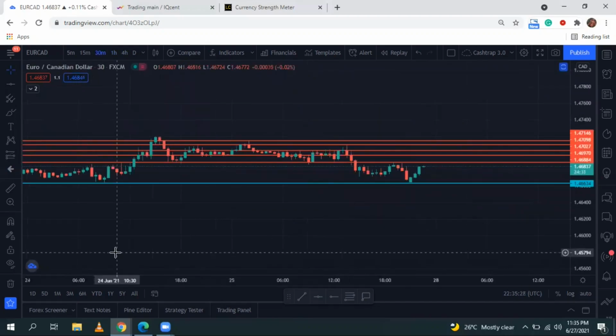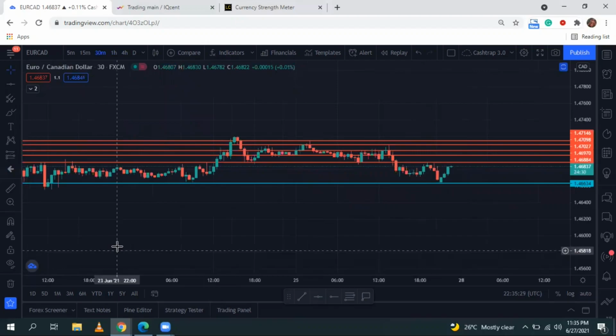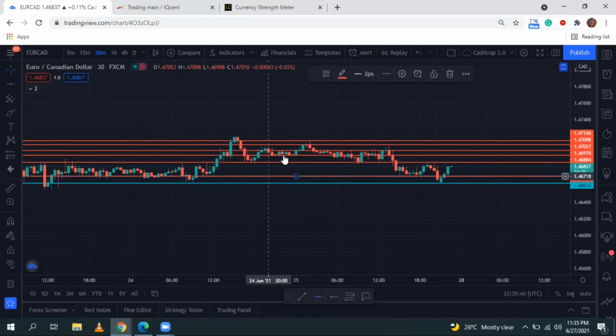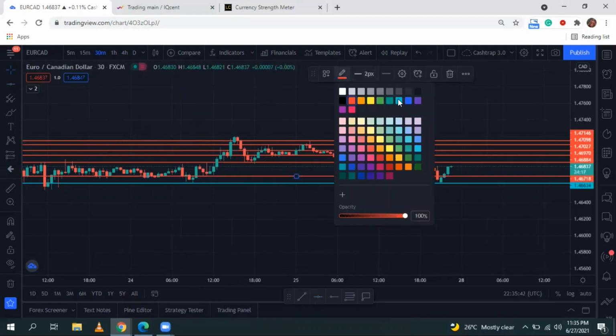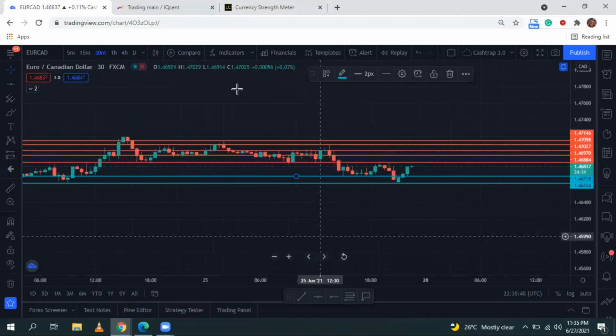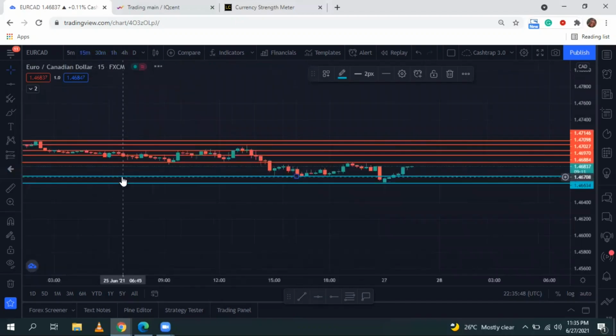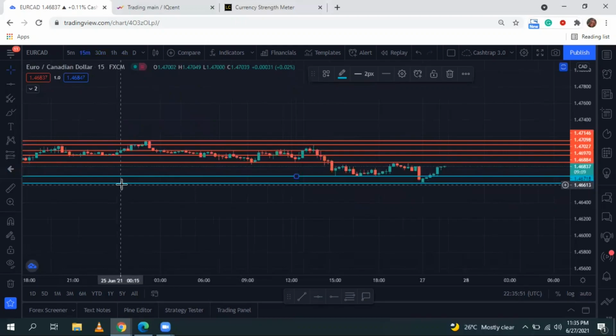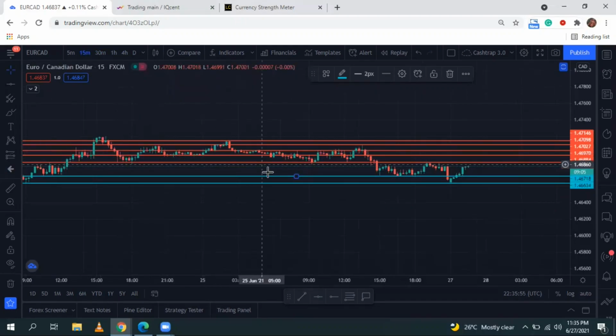On the 30 minutes, I am not really seeing much as well, but I think we have a very short support right here. So we'll come to the 15. We're getting closer to what we need.